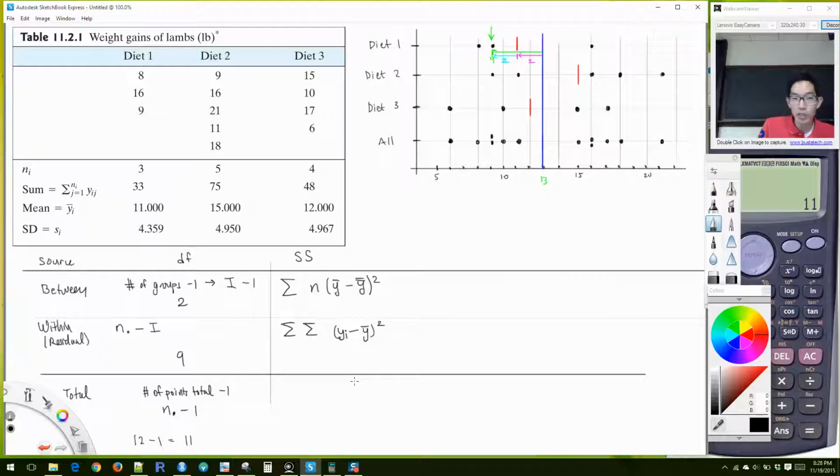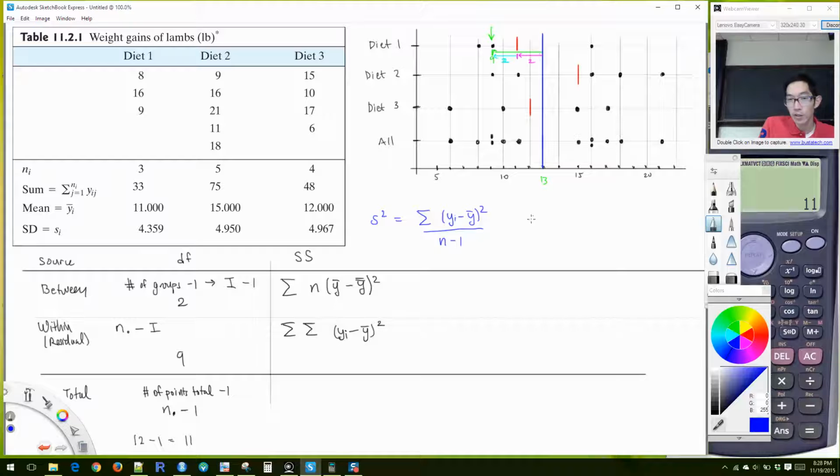So let's think back to what variance and standard deviation are. If I square my standard deviation, I have variance, and that is equal to the sum of y minus y bar squared divided by n minus 1. And this numerator up here is exactly what I have right here.